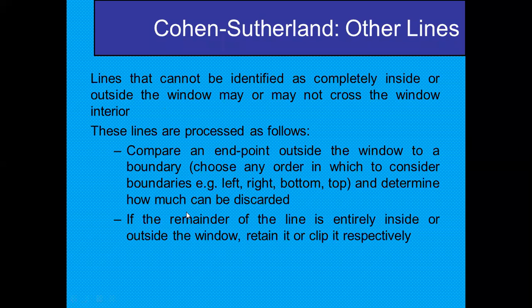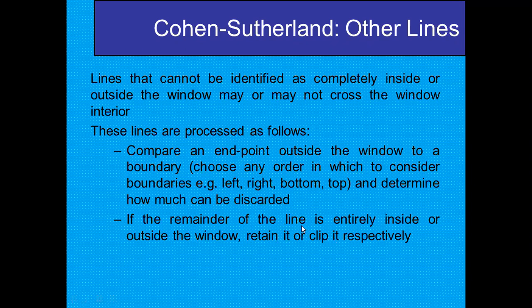Compare an endpoint outside the window to a boundary. Choose any order in which to consider the boundaries: left, right, bottom, top. Here we will consider this order, left, right, bottom, top. Just remember this sequence, as we will use it in solving the problems.